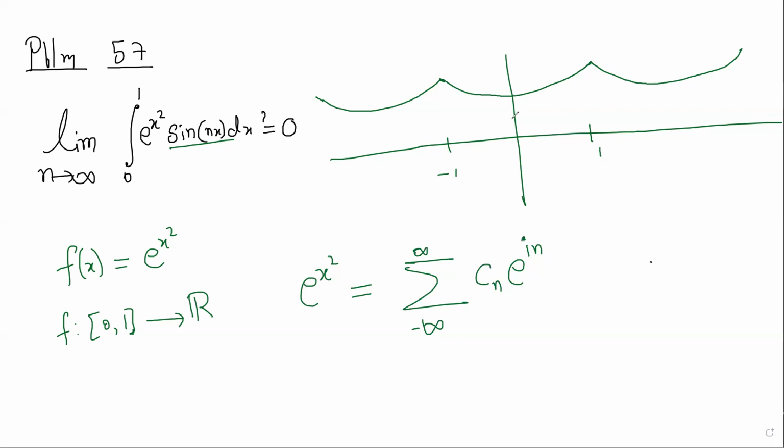This cannot be periodically extended if you look at it from 0 to 1, because it doesn't match at 0 and 1. So this is a function from -1 to 1.